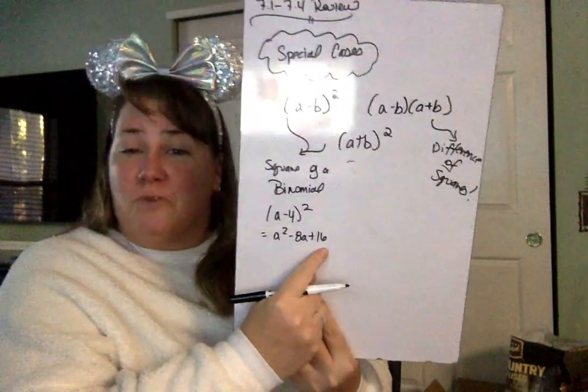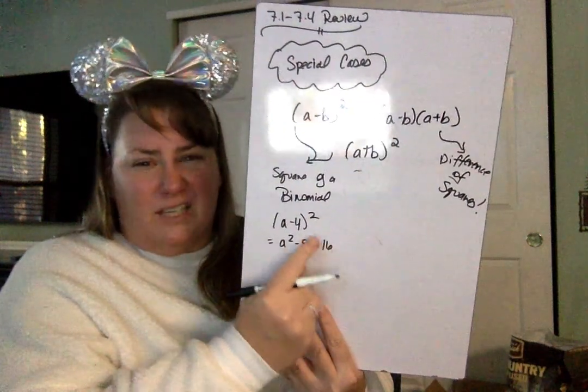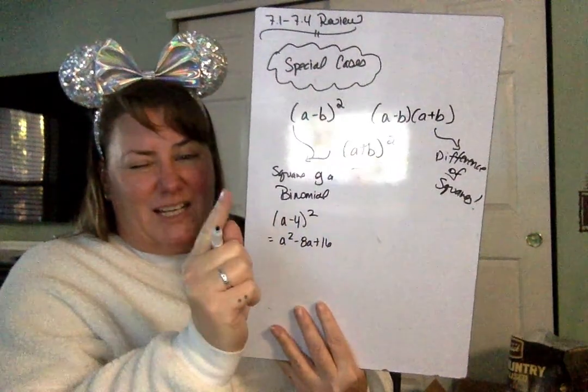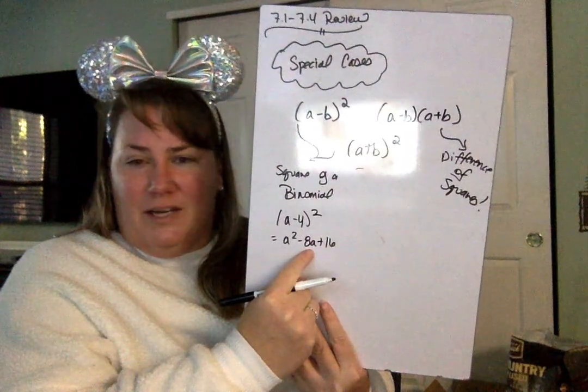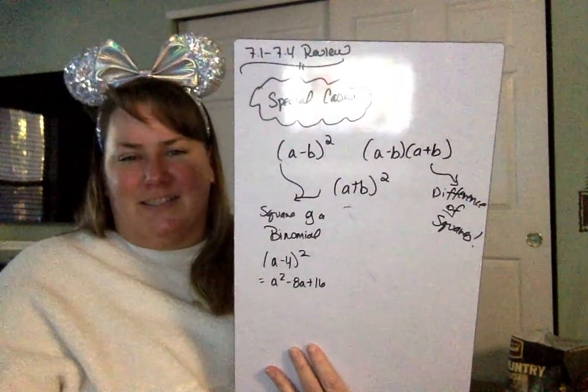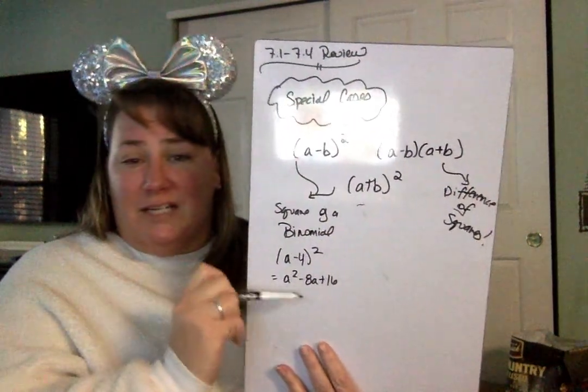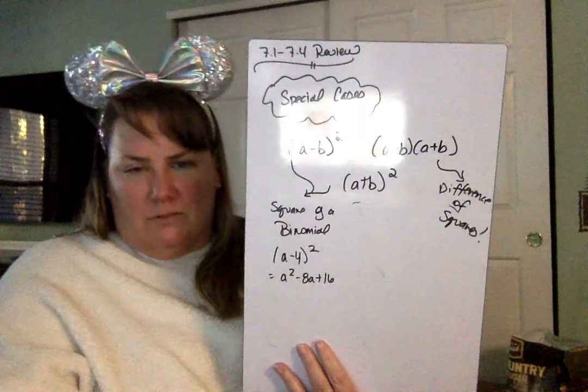So the square root of 16 is 4. Technically, it's negative 4 as well, but we're going to get into that in the next 2 chapters. And then double that, you get negative 8. So anyways, you just multiply them out the same way, whether it's FOIL or box. I didn't show the multiplication here, just for time's sake.